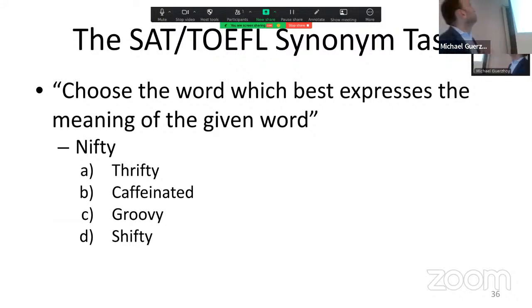You want to choose the word which best expresses the meaning of the given word. I've chosen something a little bit weird so that it's interesting. Nifty: is it like thrifty, or caffeinated, or groovy, or shifty? Well, nifty is most similar to groovy if you look it up. That's the kind of task that we want to solve.